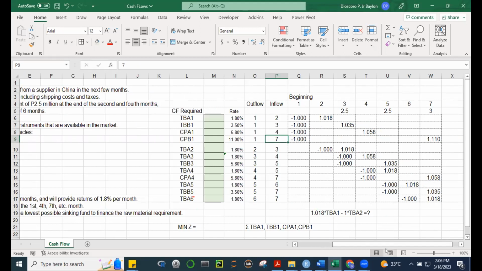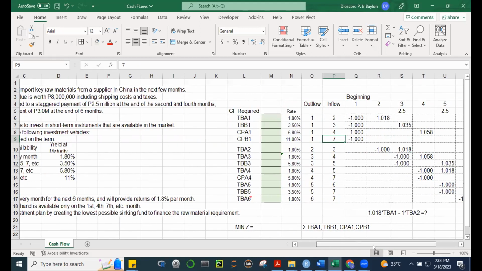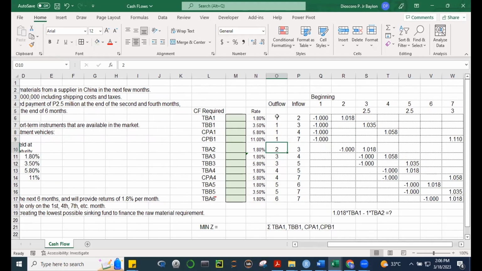Okay? Then for TBA2, the investment will be on the second month. So we need this outflow and the inflow to determine what will be the factor for the first and the second, for the outflow and the inflow.